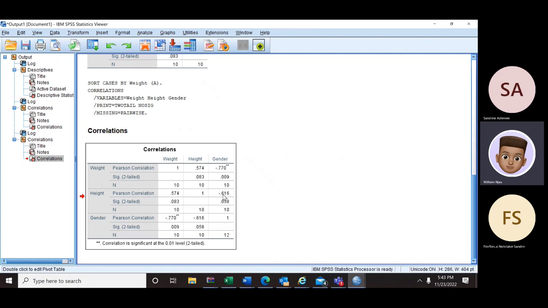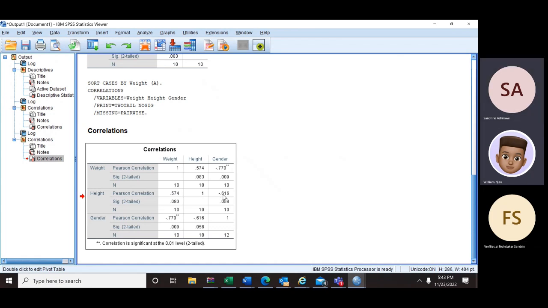Even when you look at the sig value, can you see what it is? 0.09. Can you see where weight and gender are correlated? That's where you have the asterisks, and SPSS is calling your attention to that point.